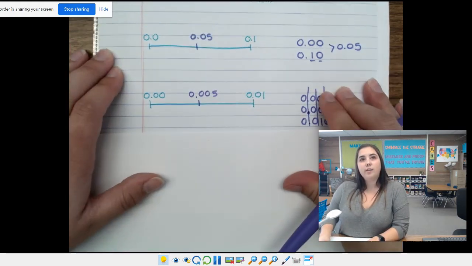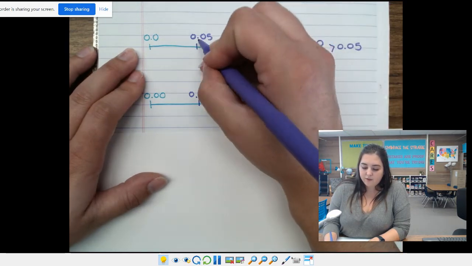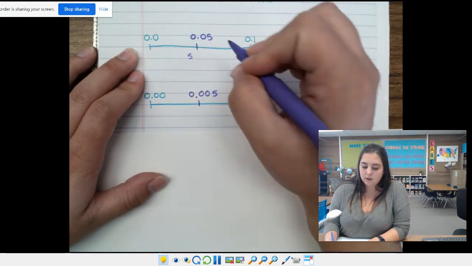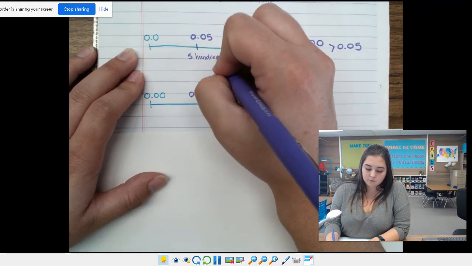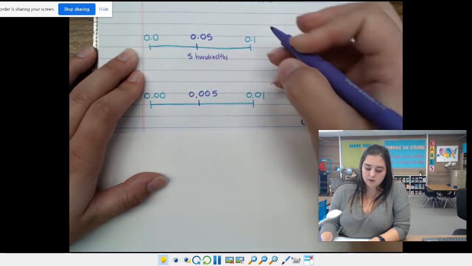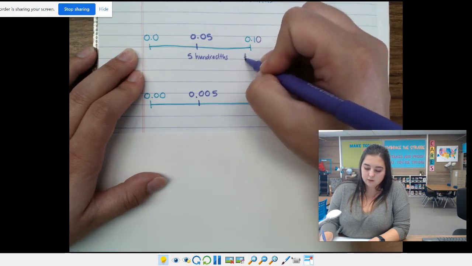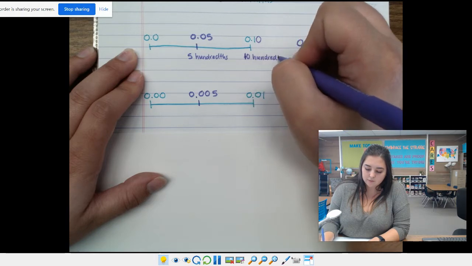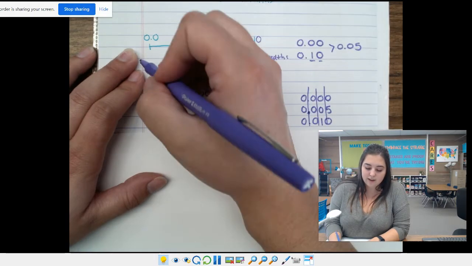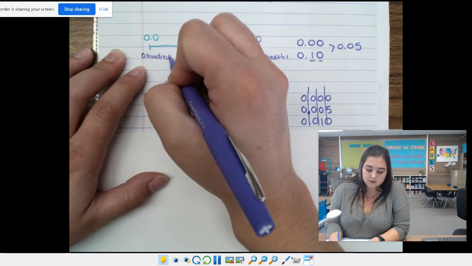Another way I could read these, this would be 5, and it's in the hundredths place. I want this one to also go to the hundredths, so this would be 10 hundredths. And of course, if I don't have anything, that would be 0 hundredths.